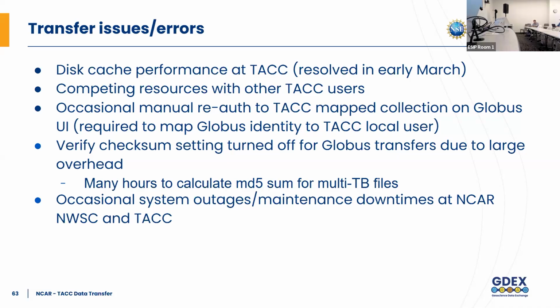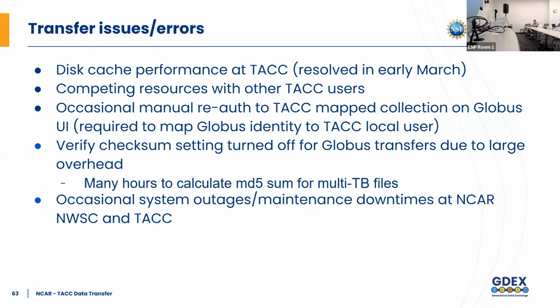Another issue we ran into is that while the workflow I had set up with the cron made everything automatic, occasionally I would have to log back into the TAC endpoints on the Globus UI. This was a manual process where I had to go to the Globus website, log into the TAC mapped collection on their end, and re-authenticate as myself as a user.